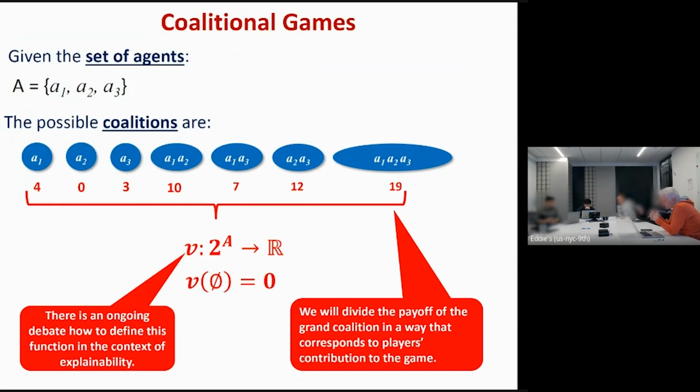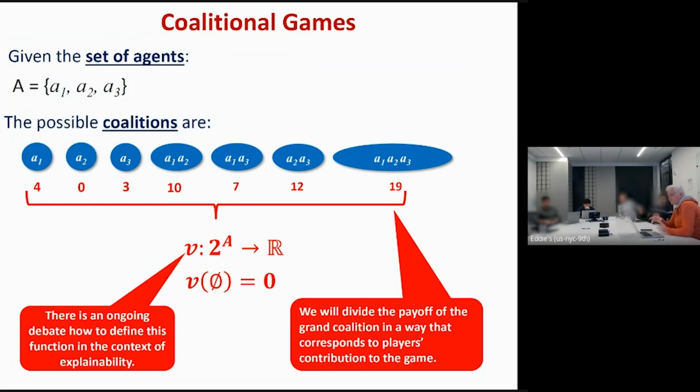I see, because their contribution to the payoff may be different, right? Yes, exactly. Maybe some of them are stronger in a sense and should get more money, and we should encourage them to play the game by giving them more money.